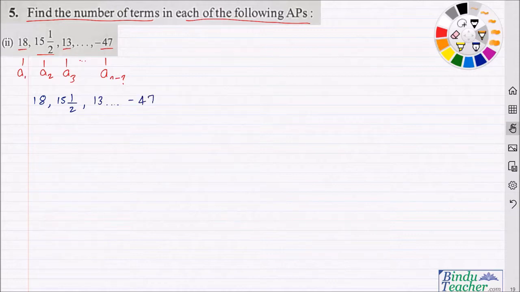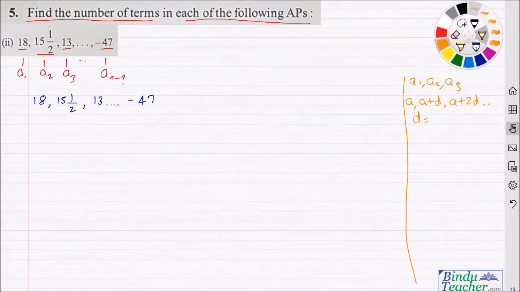So let's write down the formula for an arithmetic progression. A set of numbers A1, A2, A3 is said to be in arithmetic progression if they are of the form A, A plus D, A plus 2D, and so on, where D is the common difference. D can be calculated as A of n plus 1 minus A of n, which also equals D equal to A3 minus A2.